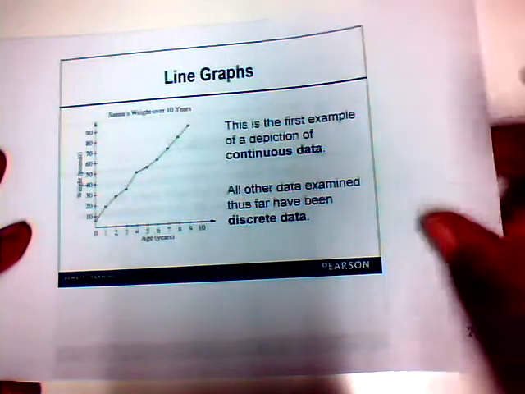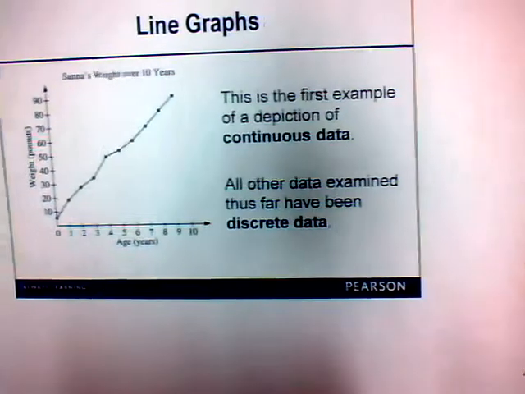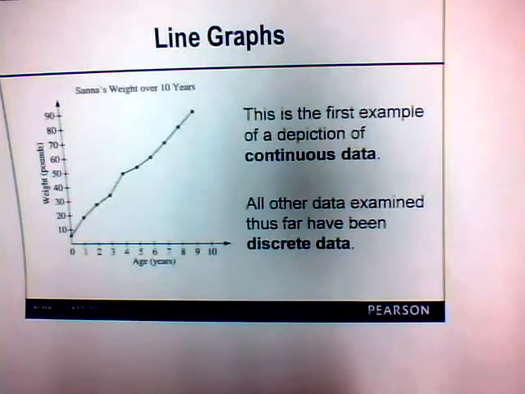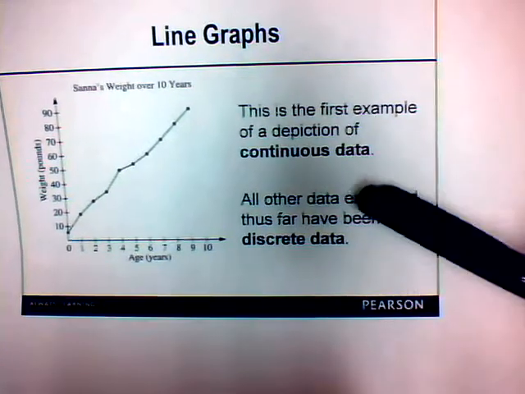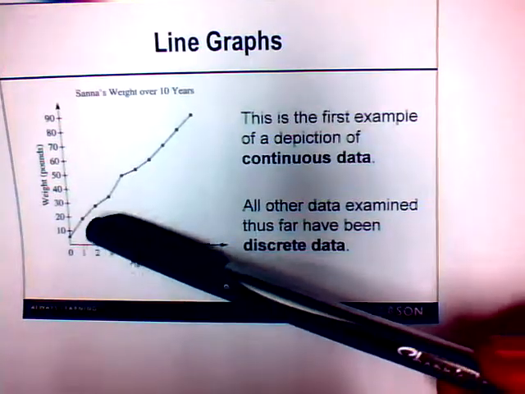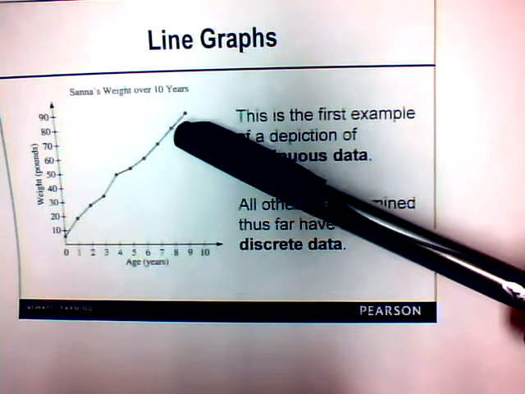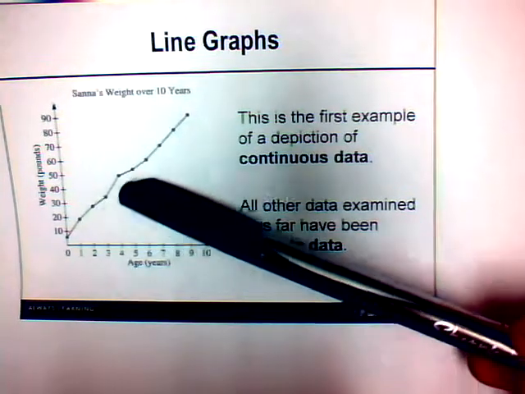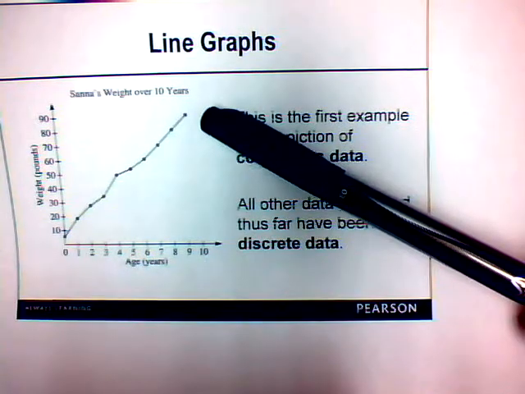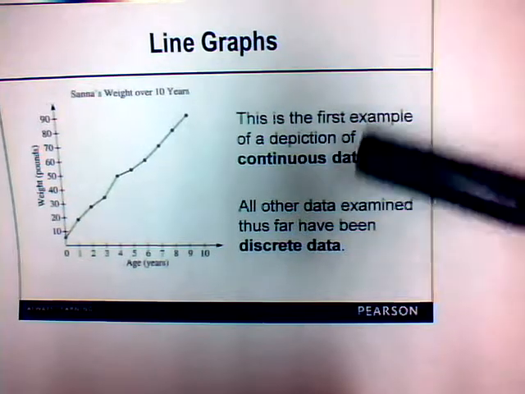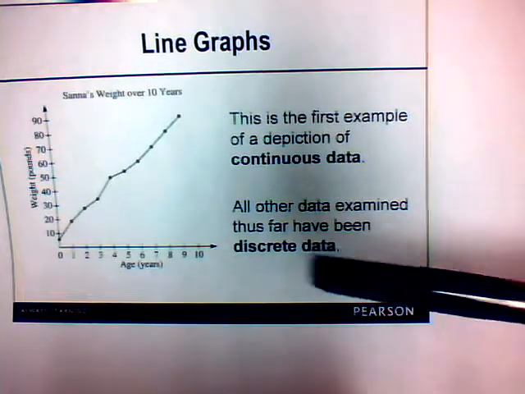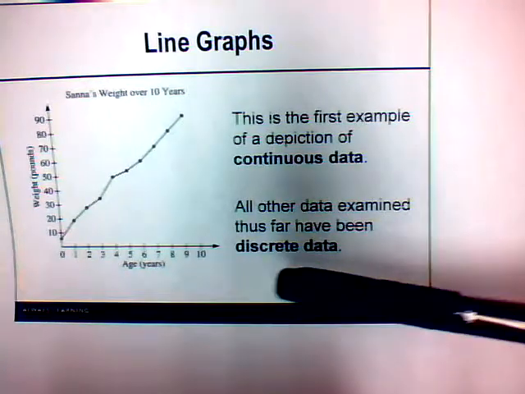Okay, so this is the first example of a depiction of continuous data. Continuous data is data values that can be measured. All other data examined thus far has been discrete data.